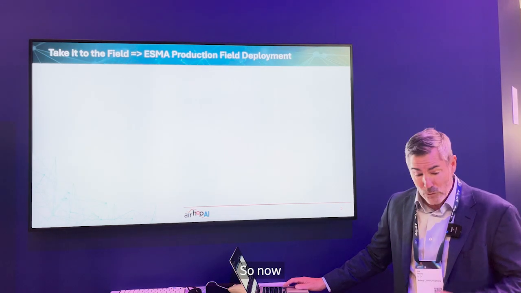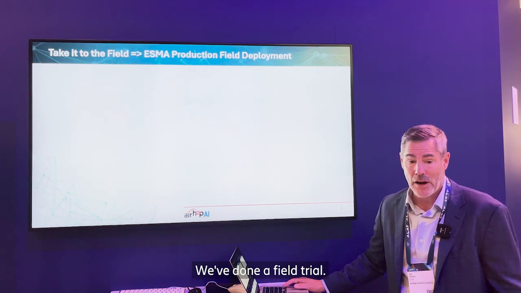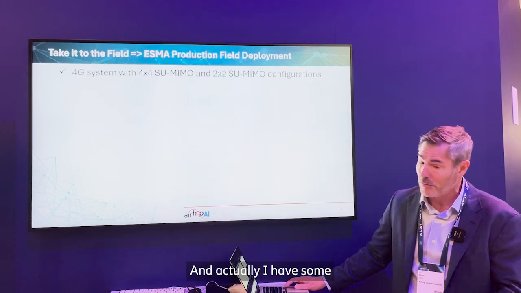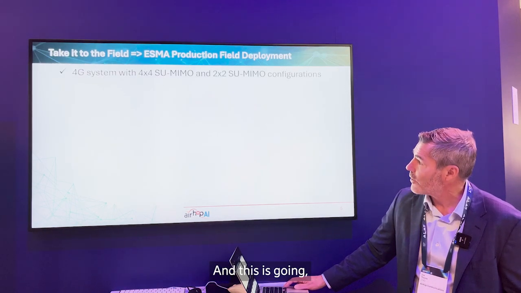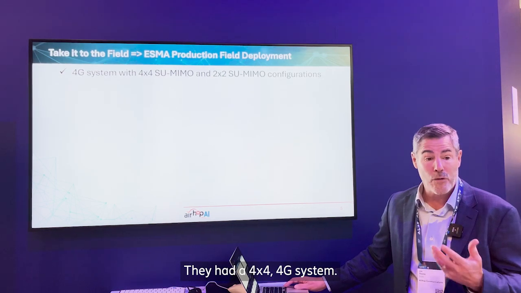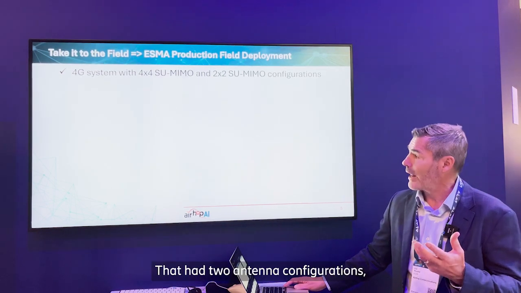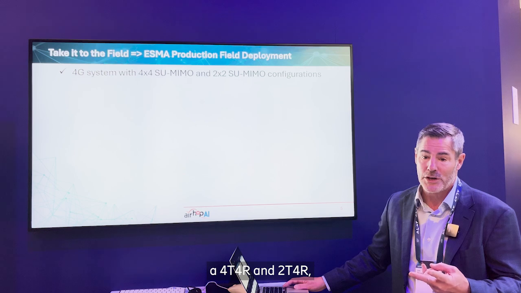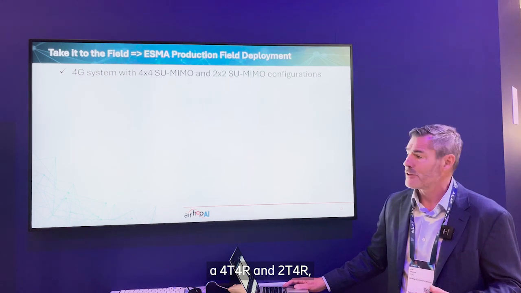So now we're going to take this to the field. We've done a field trial, and I'll have some things to point out on how this is going. For an operator customer, they had a 4G system that had two antenna configurations, a 4T4R and a 2T4R.